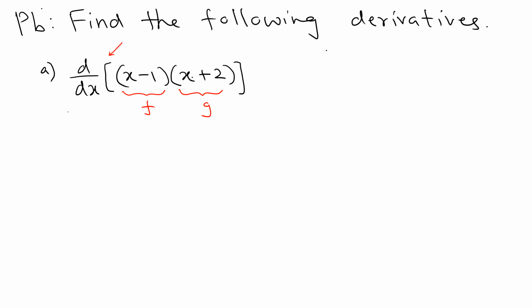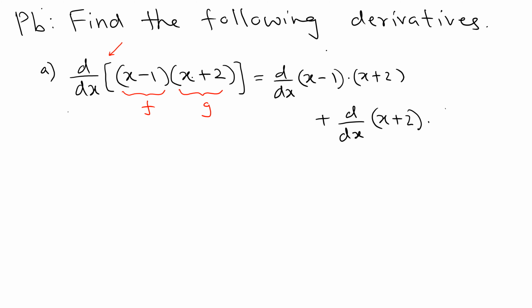We take the derivative of the first function, x minus 1, and multiply by the second function without the derivative. Then we take the derivative of the second function and multiply by the first function. So this is the product rule: we take the derivative of only one term at a time and multiply by the other one.